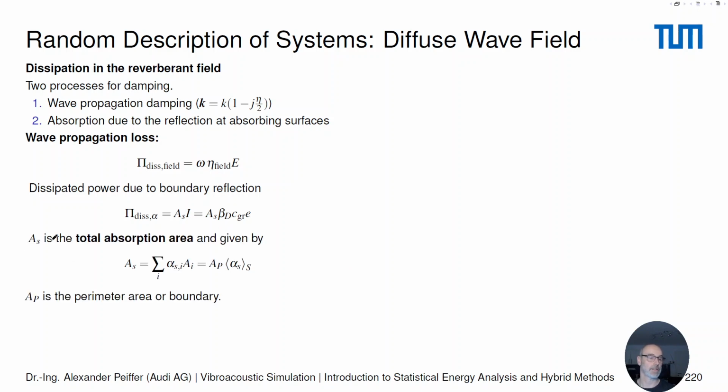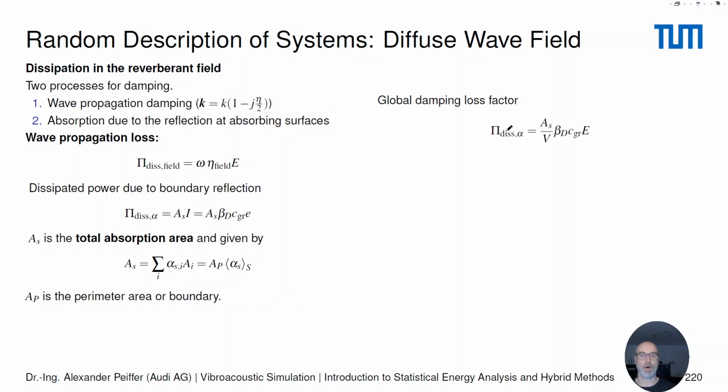So again, what is the absorption area? This is the so-called total absorption area, which is just summing up all the different areas surrounding a system with a specific absorption factor. And this is the average around it. And A_P, that's the perimeter or the total surface area of our boundary. Good.